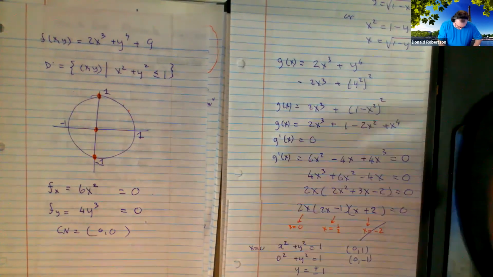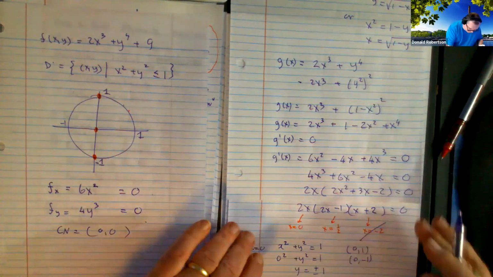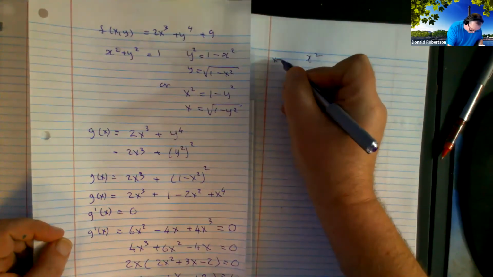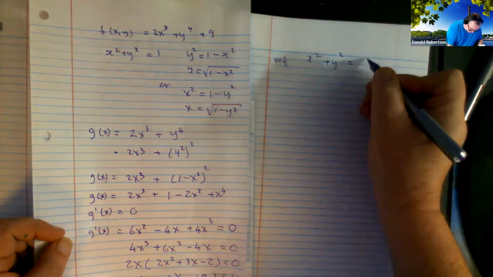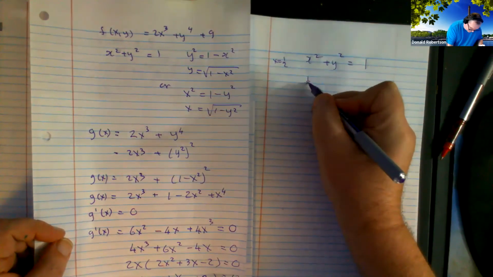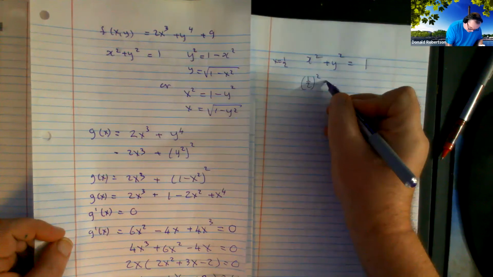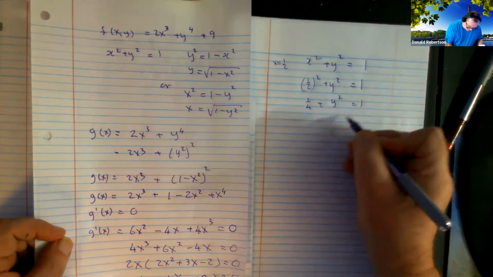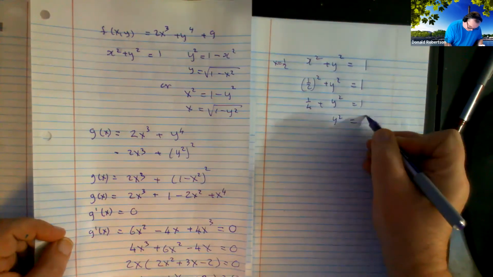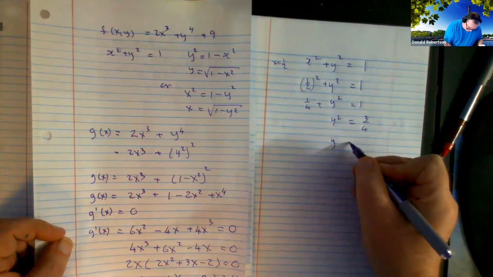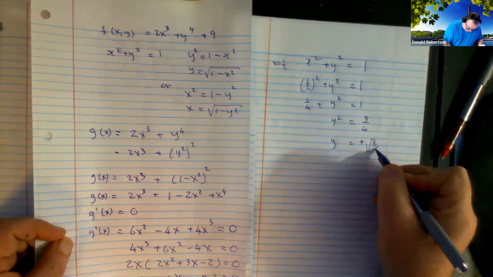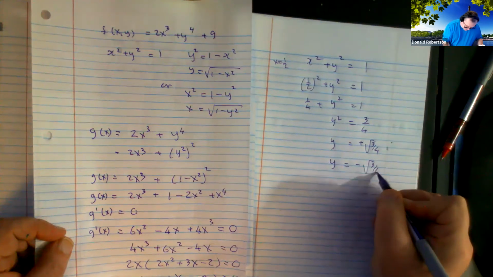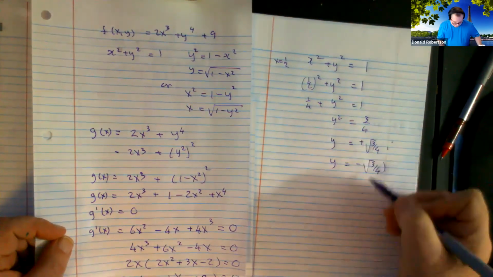If I then try x equals 1/2, so when x equals 1/2, let's see what the corresponding y value on the circumference of the circle will be. It will be 1/2 squared plus y squared is 1. This is easy to do, it's just time consuming. So it's going to be plus the square root of 3/4, and the other choice is negative the square root of 3/4. I'm pretty sure those numbers work, so I'm going to use them.